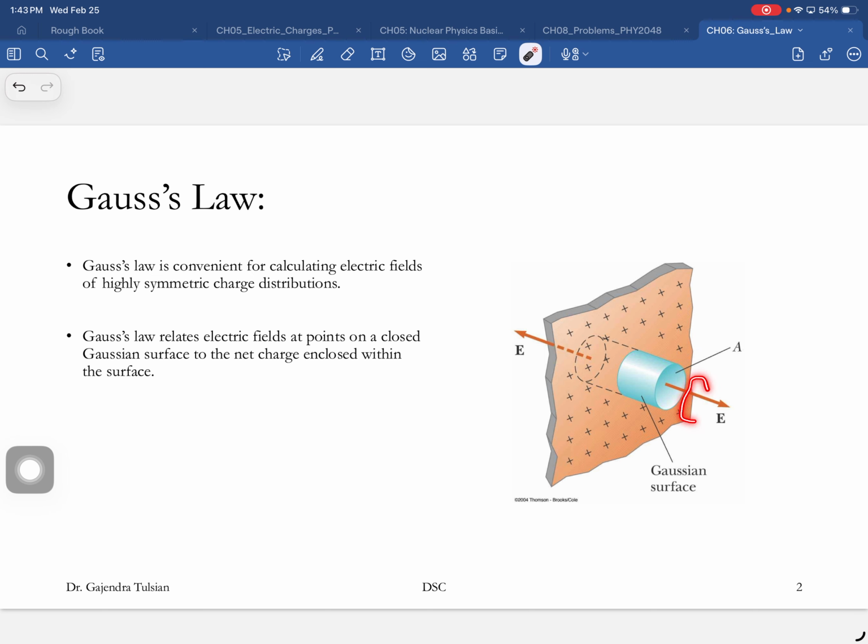Mr. Gauss will allow you to calculate the electric field in this half of the universe and that half of the universe. Now, if there is any slight kink in this sheet, then you can't calculate it. It has to be a symmetric distribution.